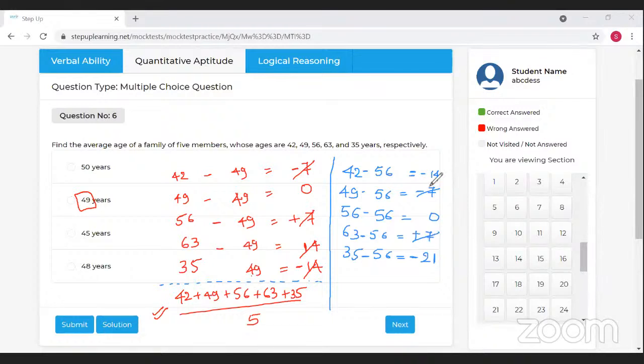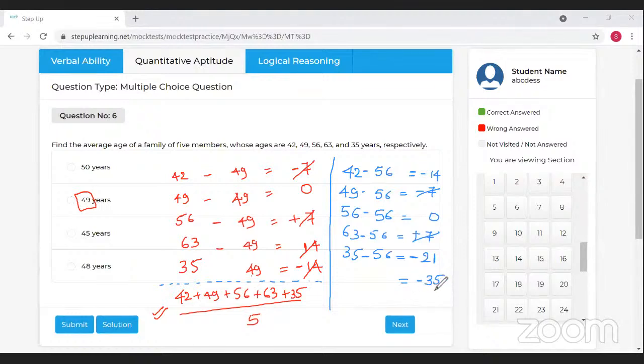Right? Now what is happening? This is minus 14 and this is minus 21. Minus 14 and minus 21 gives you minus 35.